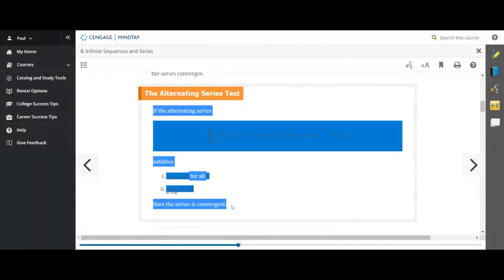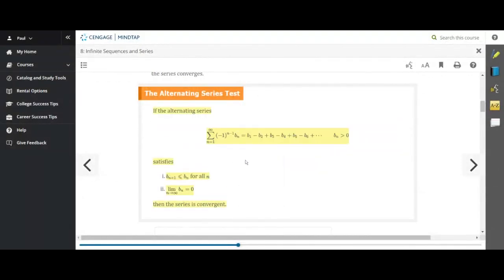Maybe I'll highlight it. This is what the alternating series test is. Let you read it for a moment. And I saw a, okay, very good, very good.